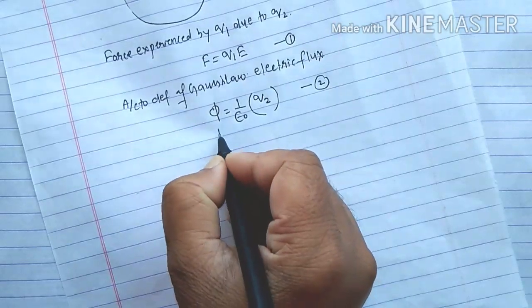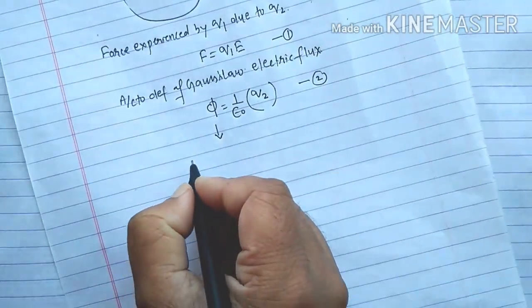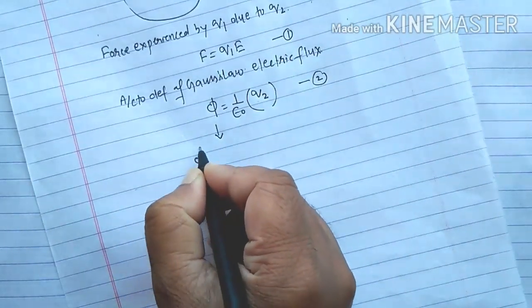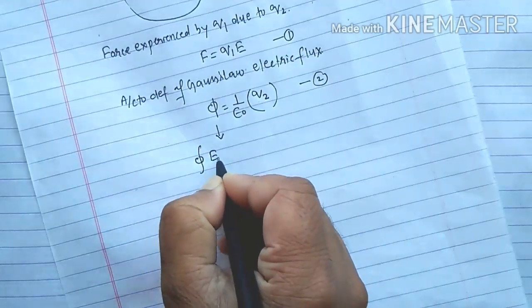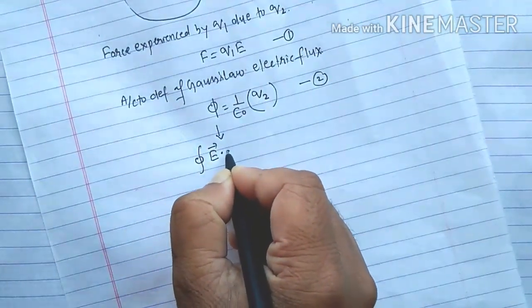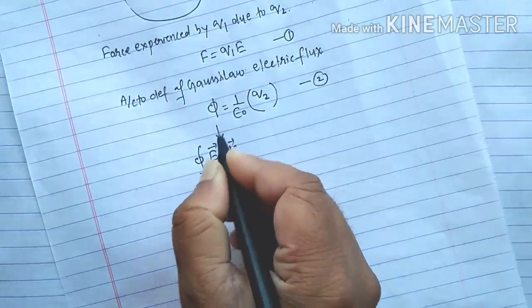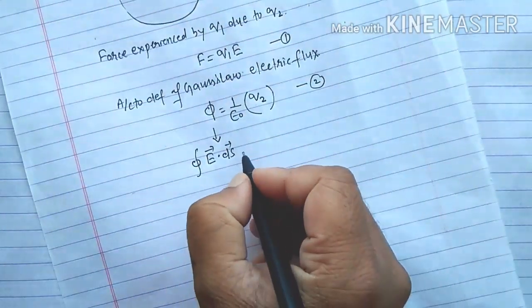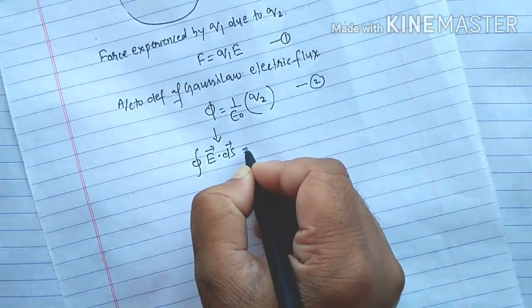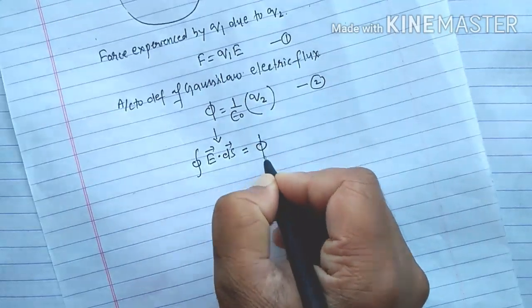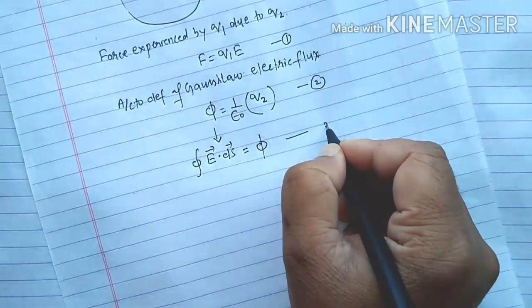And this phi can be also written as surface integral of electric field over a closed surface, which is equal to electric flux. Equation number 3.